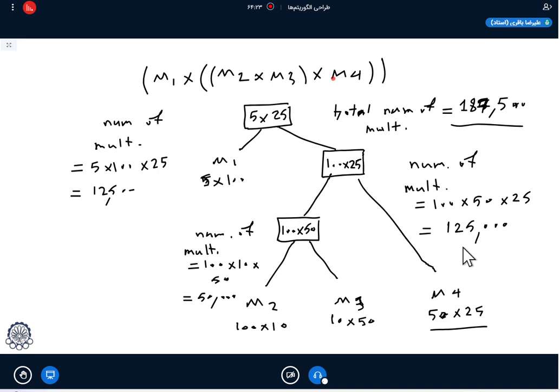This order defines the parentheses. If you first multiply M2 by M3, you have a parenthesis for these two.